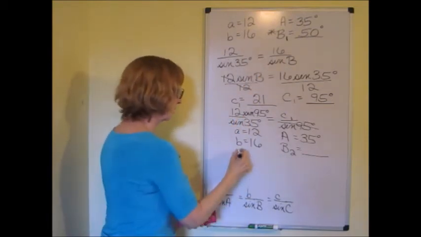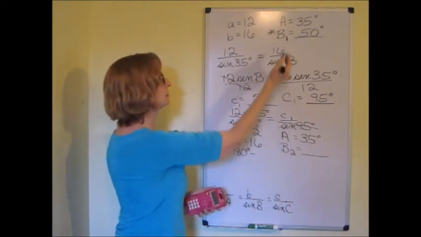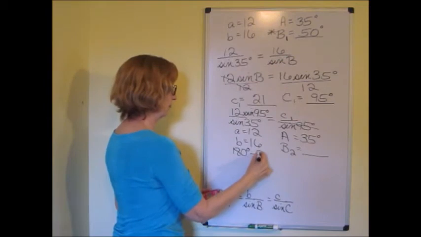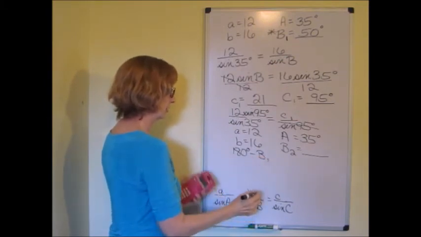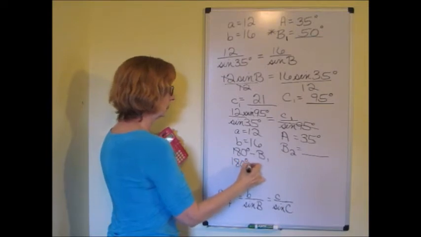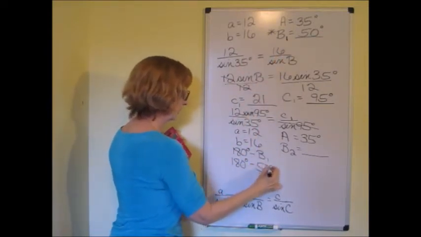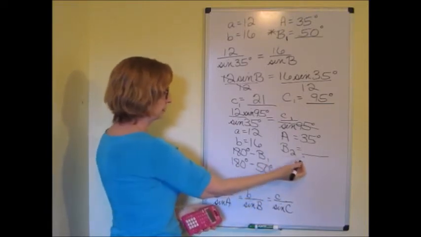So I'm going to take 180 degrees minus the first angle I just found, which was that B for the first triangle. That's going to give me 180 minus 50. And that will give us our angle B2.